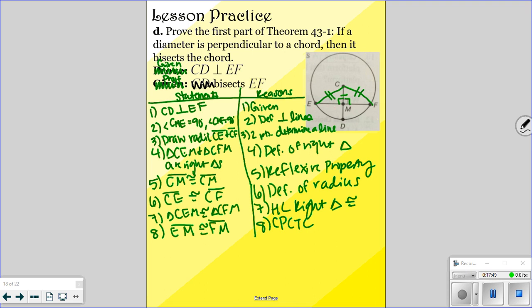No, that's right. It is right. Okay, so these are congruent here, which means that CD has to bisect EF, and that's from the definition of a bisector. And so that would be your proof for that one.